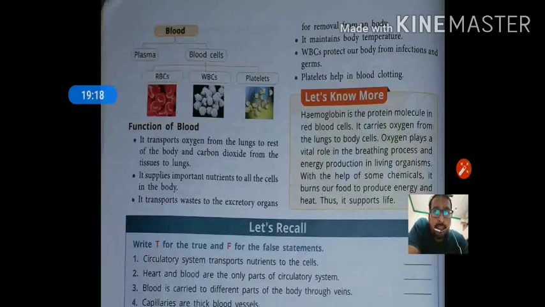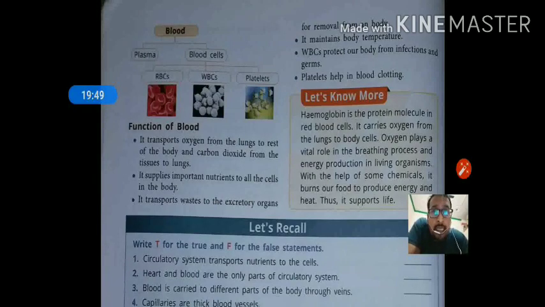In the blood section, we have studied that blood is made up of 2 things: plasma and blood cells. Plasma helps you to excrete all the waste. It is the liquid part. Blood cells are of 3 types: red blood cells, white blood cells, and platelets.